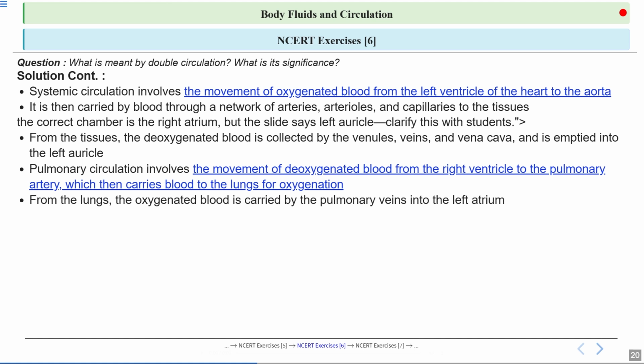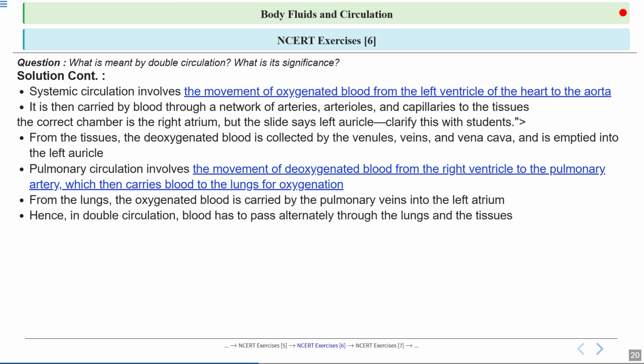This completes the pulmonary circuit and prepares the blood for another round through the body. So we can say in double circulation, blood alternates between passing through the lungs and the rest of the body. This ensures that oxygen-rich and oxygen-poor blood remain separate, making the system more efficient.